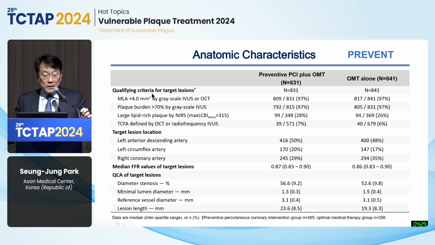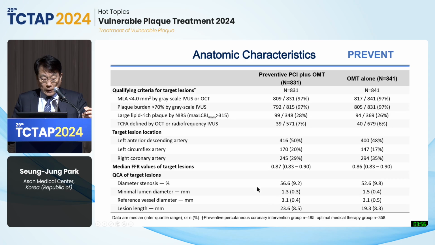Qualifying criteria for target lesion: minimal lumen area less than 4 mm² in 97%, plaque burden more than 70% in 97%, high-risk plaque 28%, and thin-cap fibroatheroma 7%. LAD mainly, 50%, then circumflex and right coronary artery. Mean diameter stenosis was 56%, a very low grade of stenosis here.